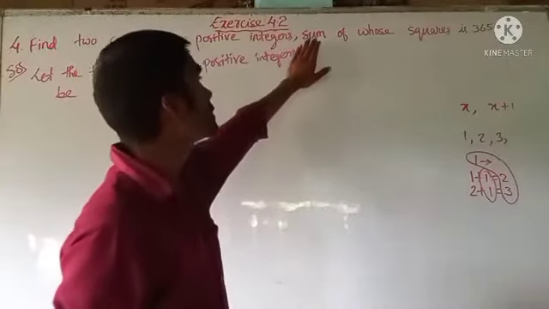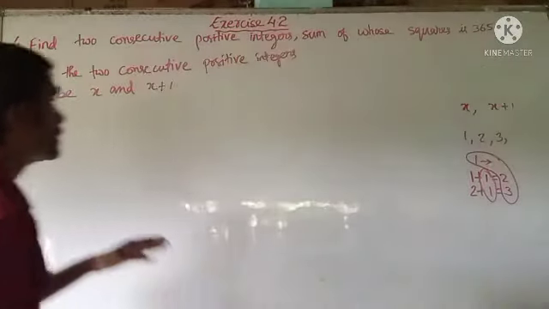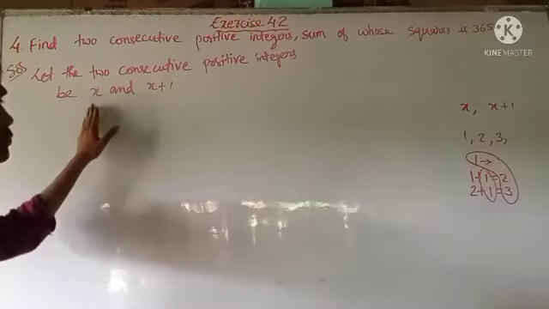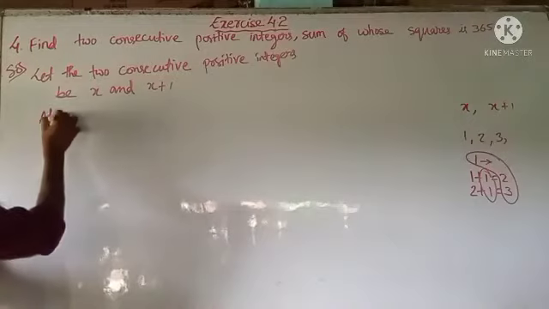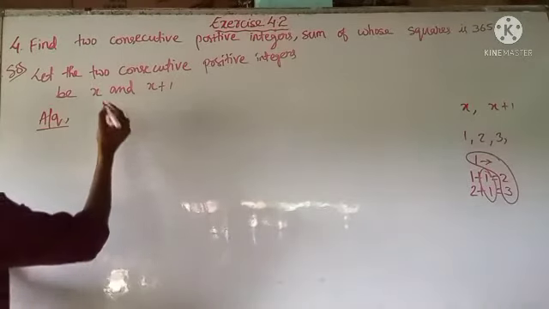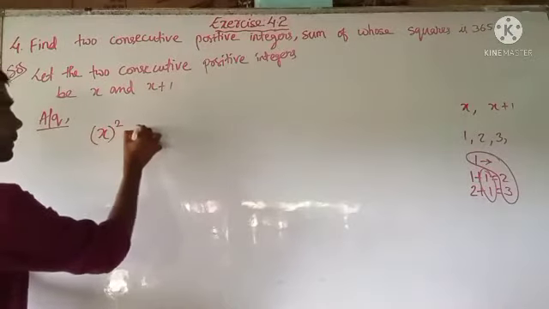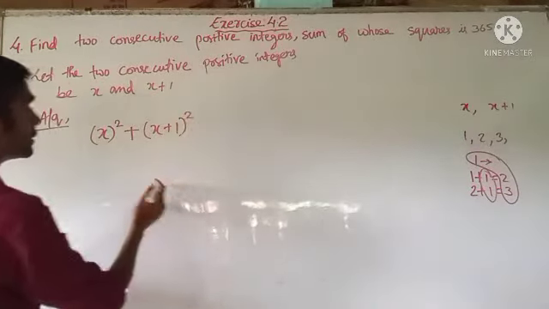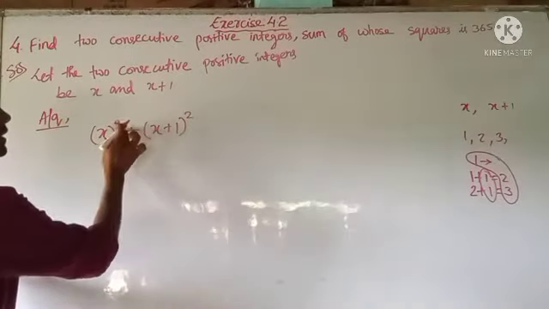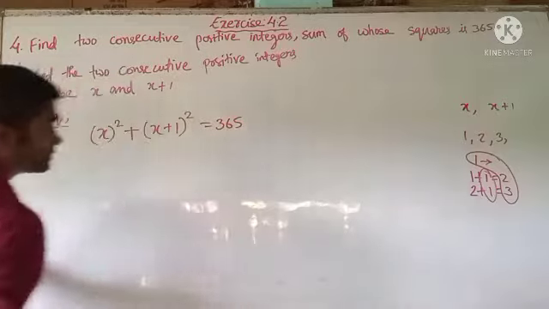Since sum of whose squares is 365, the sum of their squares is equal to 365. So according to the question, sum of the squares, that means x whole squared plus x plus 1 whole squared, sum of their squares is equal to 365.